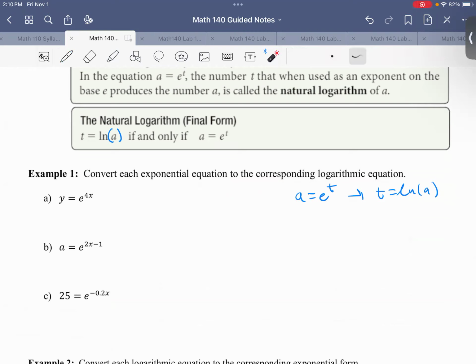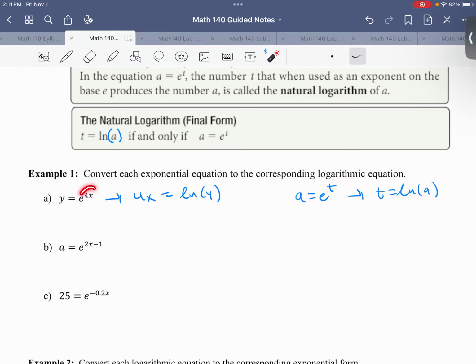So if I want to convert y equals e to the 4x into a natural log, I'm just going to rearrange our variables. So what we would have here is 4x equals natural log of y. Okay, so our t goes there, and our a goes inside the natural log.